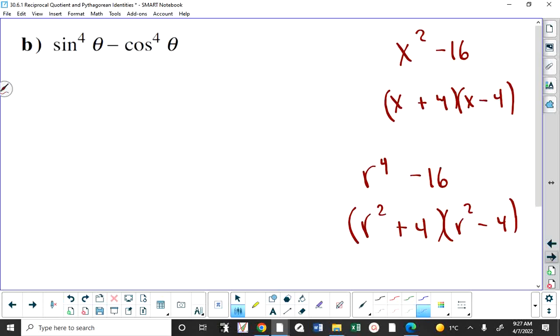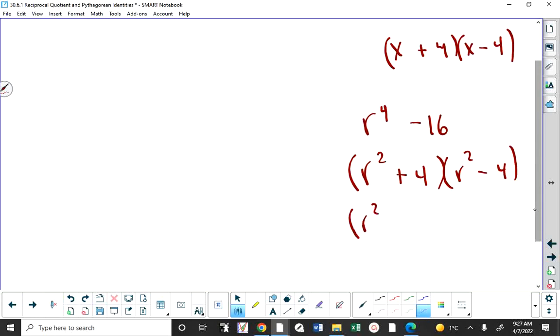But r squared minus 4 is a difference of squares. So this factors into r squared plus 4, and then r plus 2, r minus 2. And you encounter that in grade 10, and then we talk about it again in grade 11.